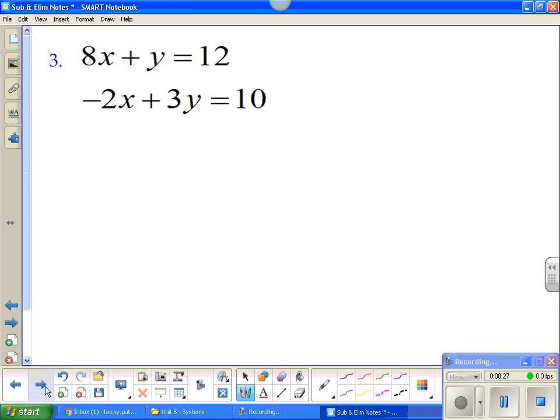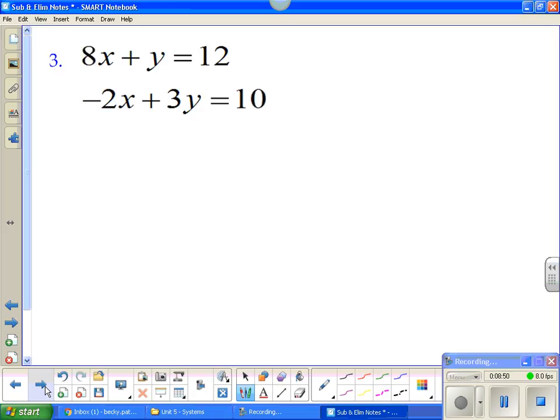Okay, number 3, definitely not a substitution problem, and this is an elimination problem, but you'll notice that we don't have 2 variables that are going to eliminate for us. So we have to make it so that something will cancel. So look at your x's. If I got my x's to cancel, what would need to change?